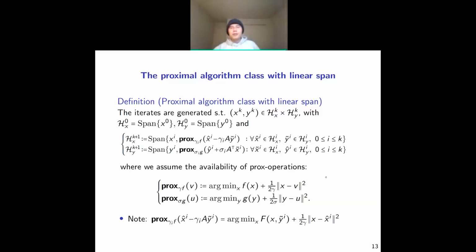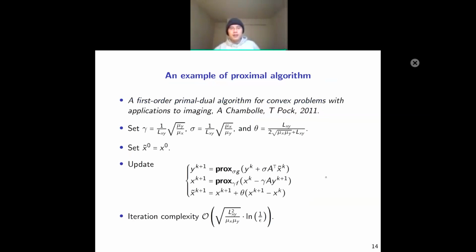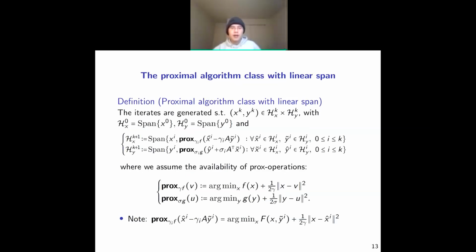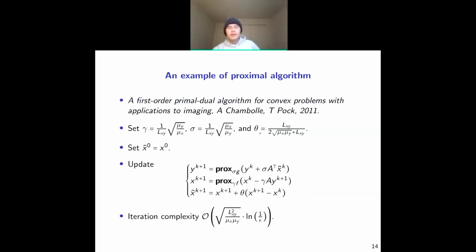For this algorithm class, we'll just give you one example. This is the optimal algorithm that we're talking about. It is derived by Chambolle and Pock in 2011. In this case, they choose constant gamma and constant sigma as their step sizes here, and theta is just some constant.